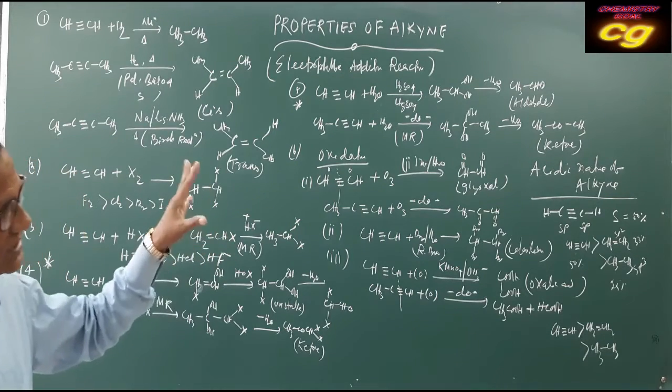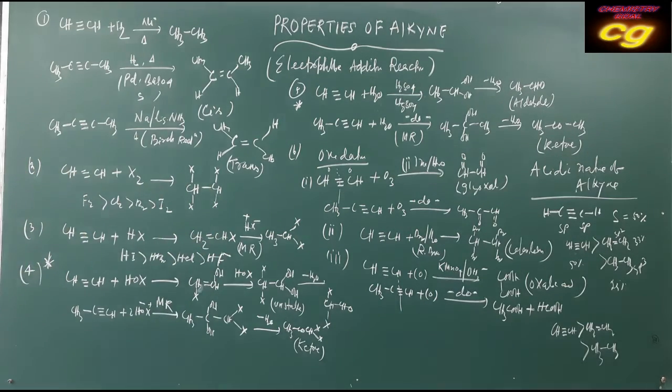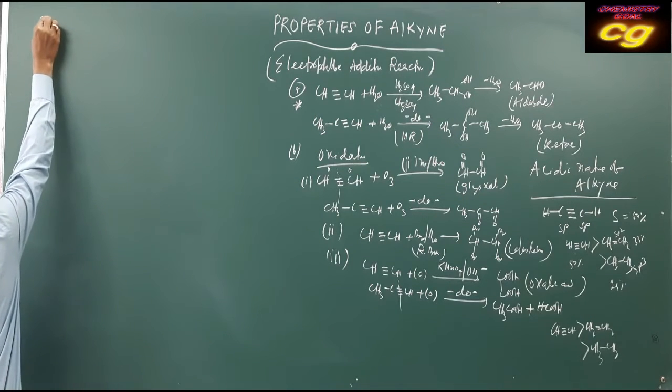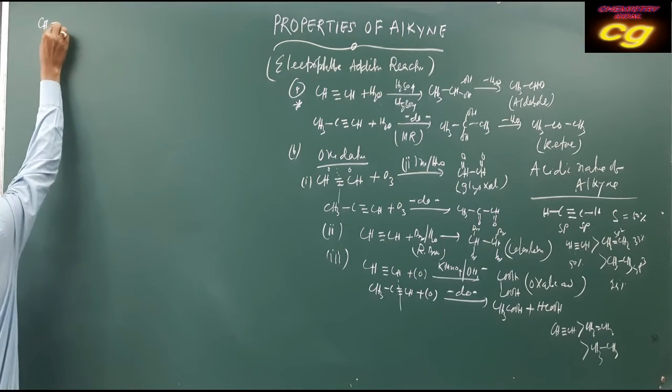Let us discuss some acidic reactions of alkyne. Since it is more acidic, it reacts with sodium metal.